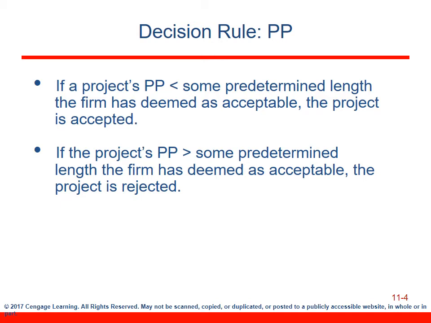However, if it takes too long for that project to recover its initial costs, so if the project's payback period is greater than some predetermined length the firm has deemed as acceptable, that project is rejected.